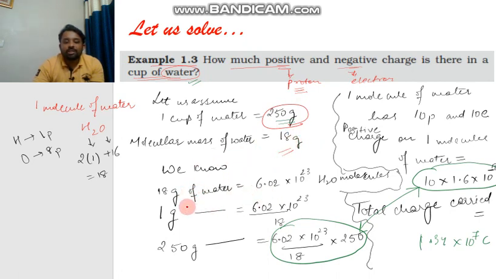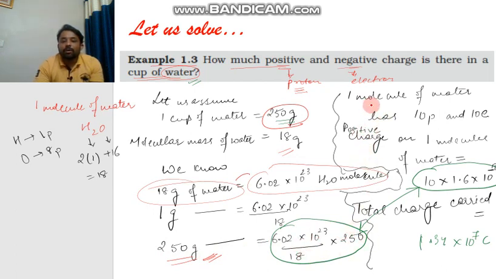By mole concept, 1 mole of water is equal to the molecular mass in grams. Also 1 mole is equal to 6.02 into 10 raised to power 23 water molecules. So here 18 gram of water is equal to 6.02 into 10 raised to power 23 H2O molecules. Further solving, we arrived at the number of molecules of water contained in 250 gram of water.